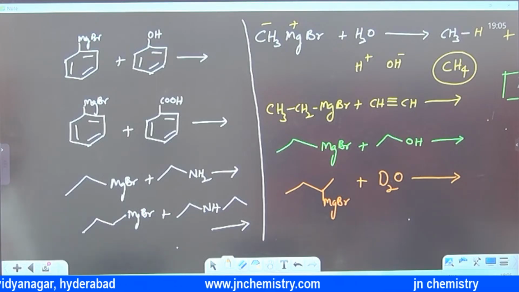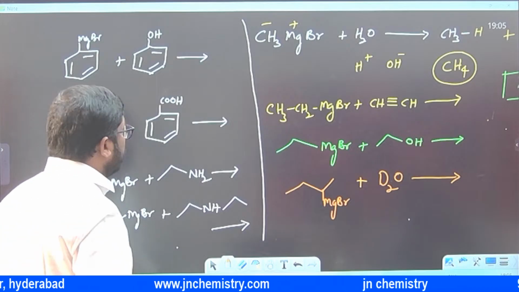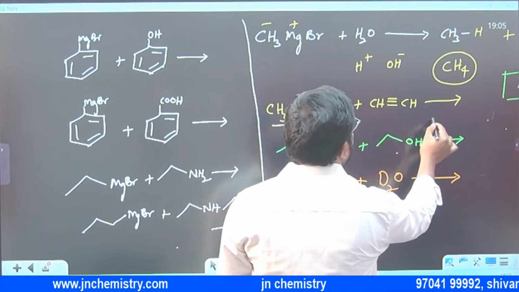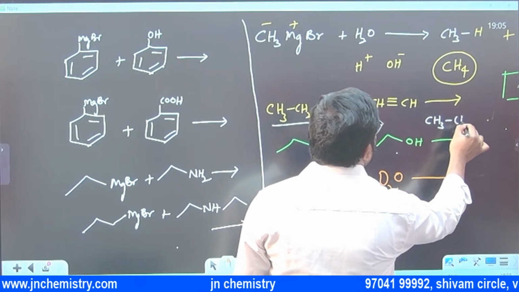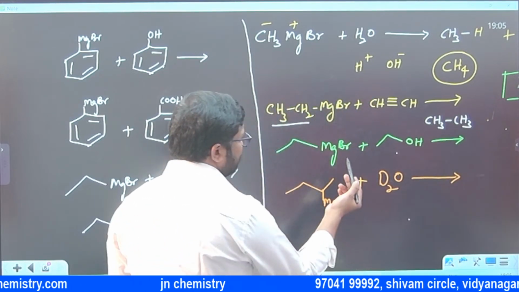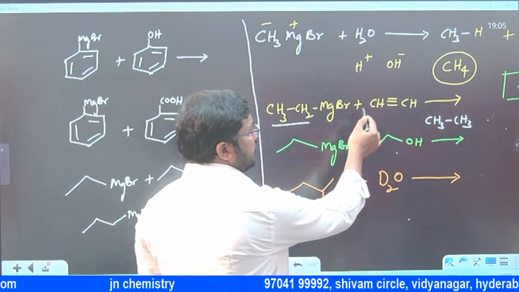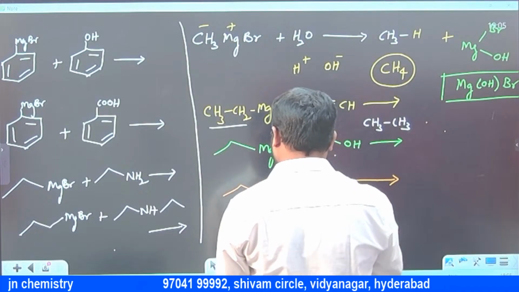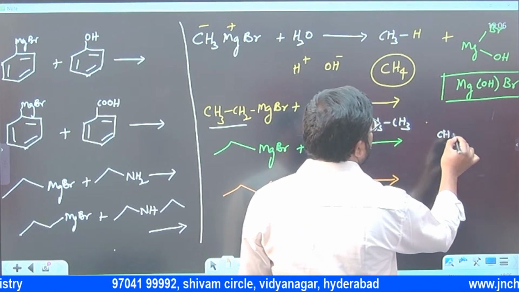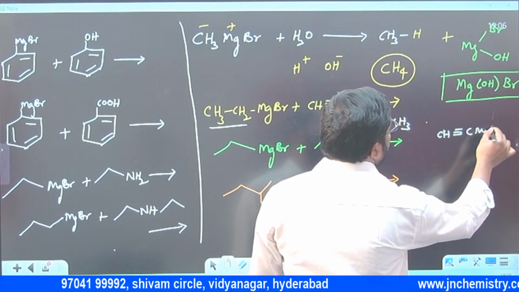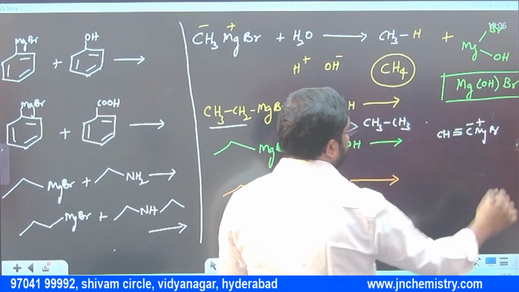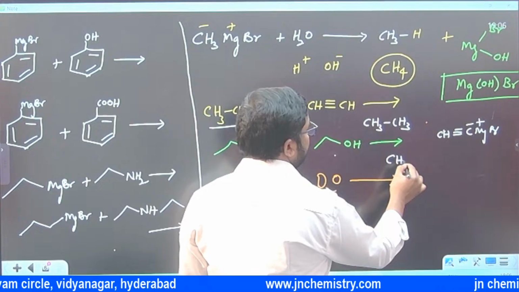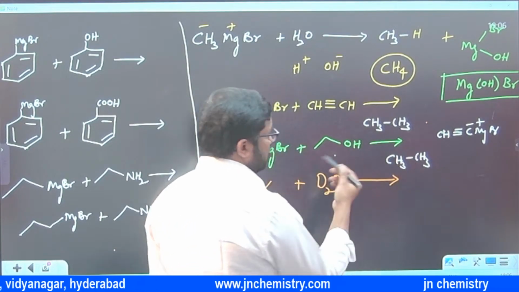Then, in this case, ethane, CH3CH3, and the byproduct is no need. Actually, if you want, you can write the product CH3C triple bond C MgBr. In this case also, ethane, the byproduct is no need.